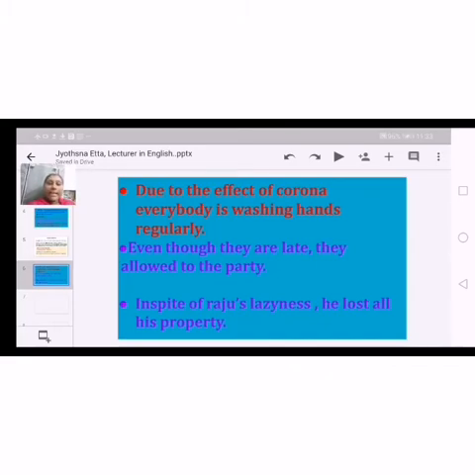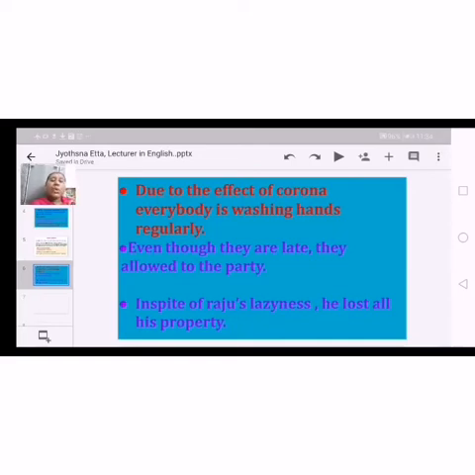And next, in spite of Raju's laziness, he lost all his property. So here, in place of "in spite of", we can use "because" also, or "due to" also. So, because of Raju's laziness, it's a dependent clause.